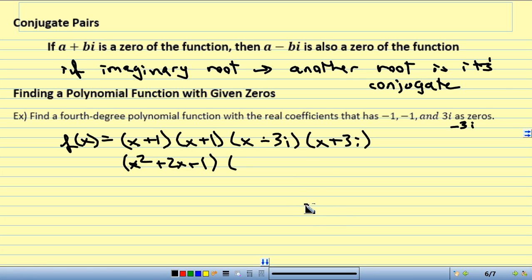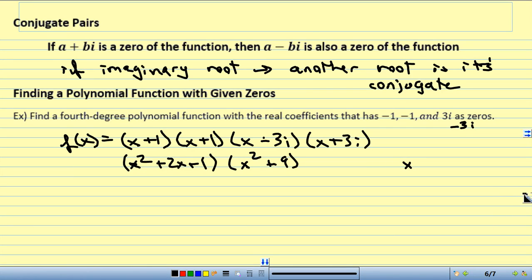This one becomes x squared, and now you've got -9i squared, so that's just going to become +9. Okay, so we have x squared plus 2x plus 1, and then x squared plus 9. And now we have the pleasure of just straight up multiplying this out.